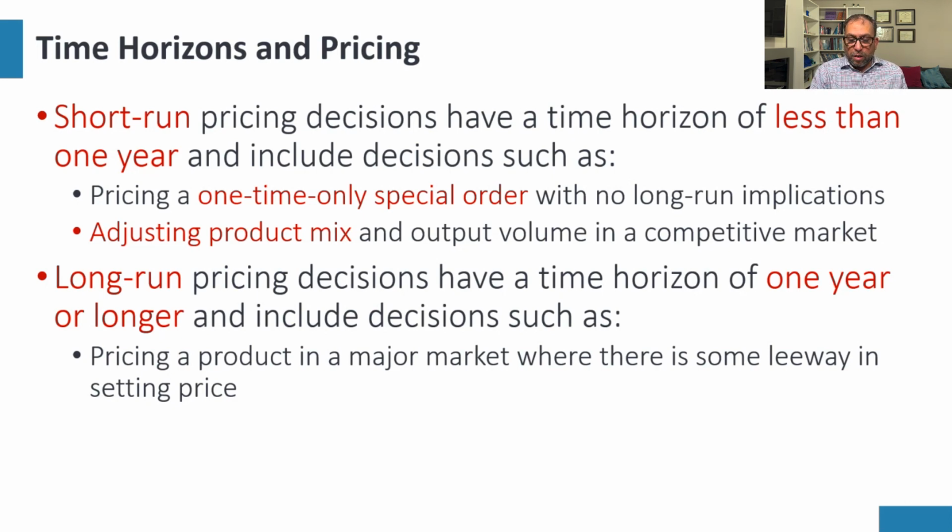So that's a big difference: price setting is only possible when you have leeway in setting the price. It means that you are selling a product which is differentiated, a little bit different from others, or which can be better than others. In that case, you are able to sell at a higher price as compared to the market price.